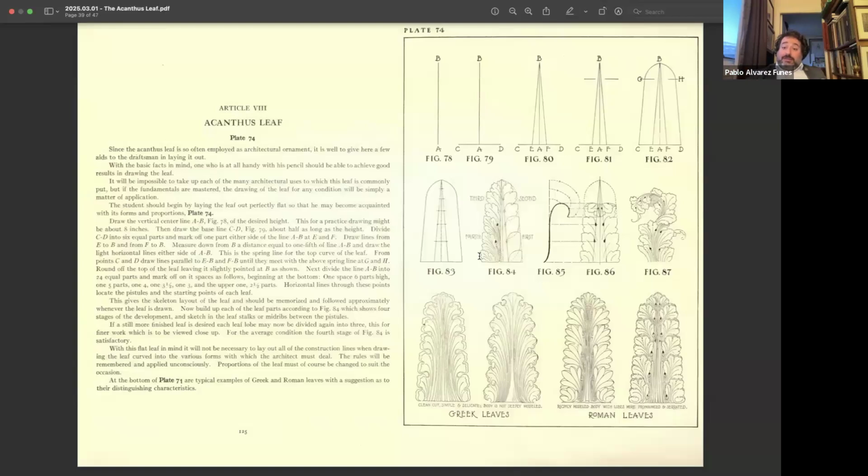It's the same thing as the classical orders. Once you know how to draw them, you get them. That's why sometimes when I sketch a capital, especially a Doric capital, I do two parallel lines, period. Why? Because you don't need more to understand that, especially in a sketch.